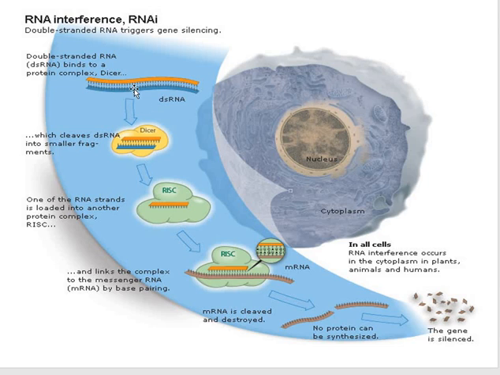So you can see here this double-stranded RNA is introduced inside the cell. This initiates the RNAi or RNA interference mechanism, which involves formation of this dicer and this RISC complex.